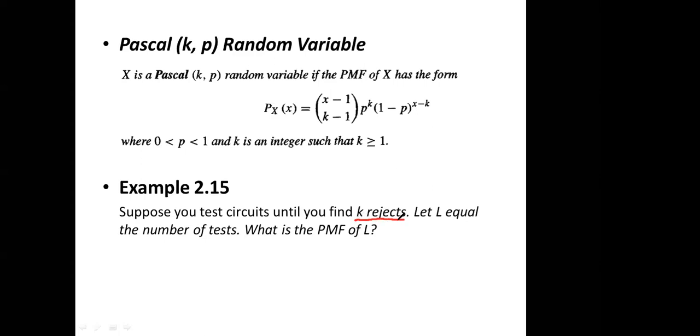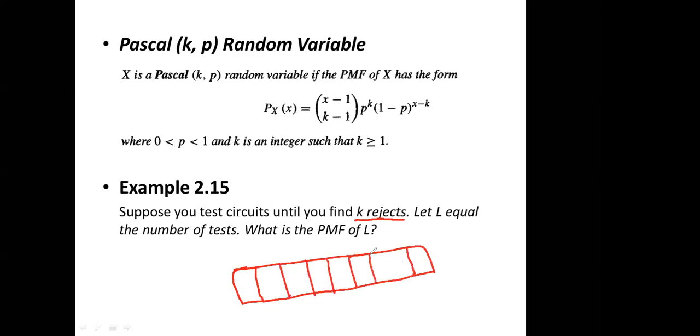You test circuits until you find K rejects. Let L equal the number of tests. So for example, I'm talking about L tests, 1, 2, 3, 4, like this, L tests. So we have L number of tests.